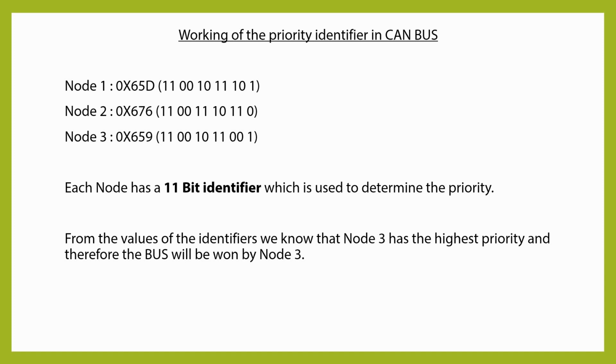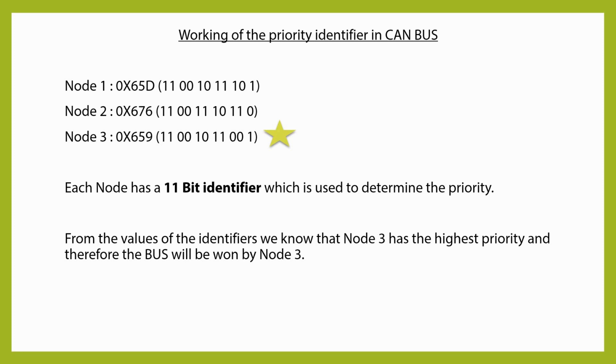From the hex value, we'll easily identify that the node 3 value, 0x659, is the least value among the entire 3 nodes. So which one has the highest priority? Node 3 has the highest priority. So basically the node 3 has won the bus.